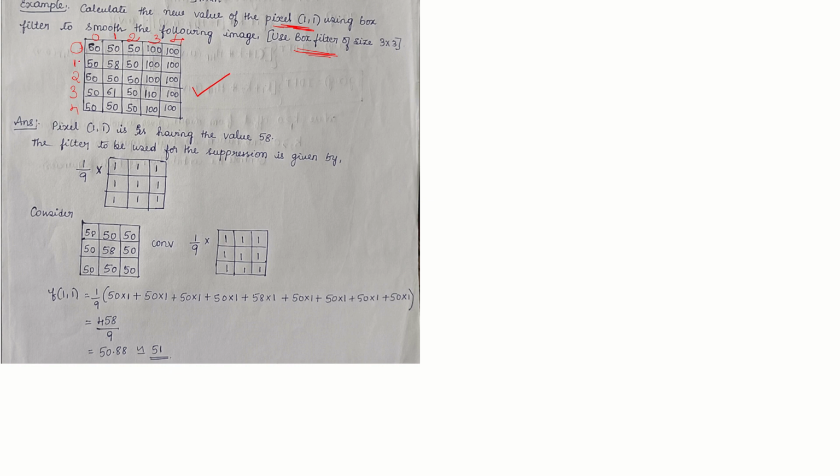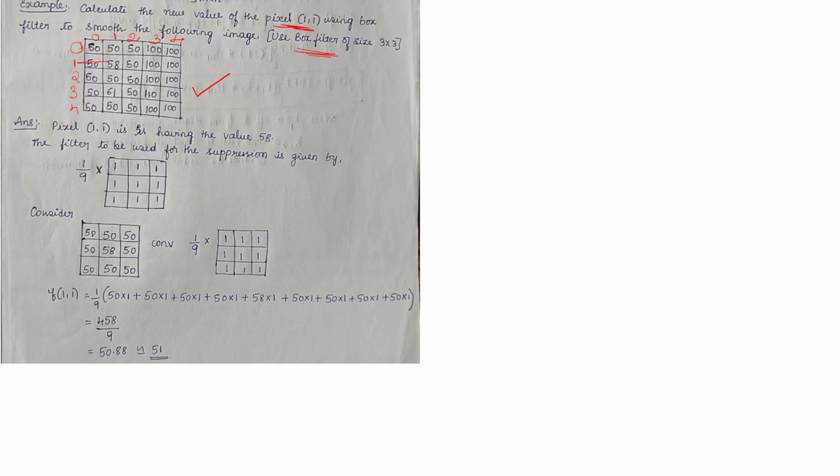If you see, first row, first column. So this is the pixel we have to consider. What is the value of that pixel? It is 58. Pixel 1 comma 1 has the value 58.